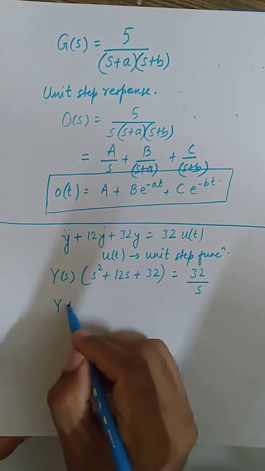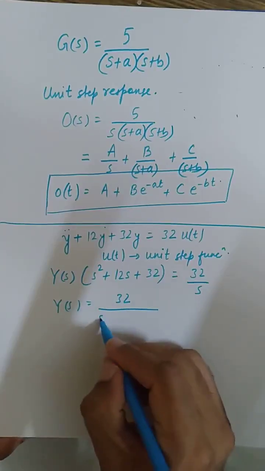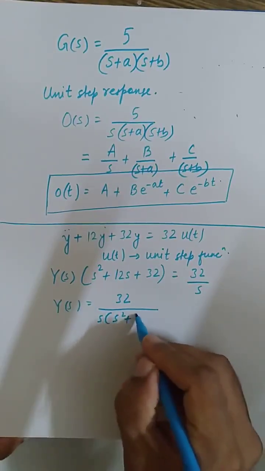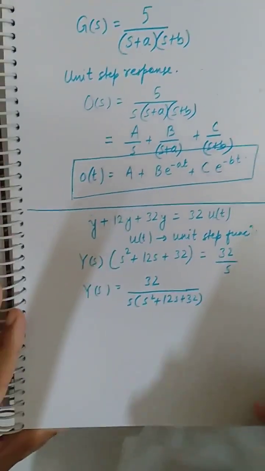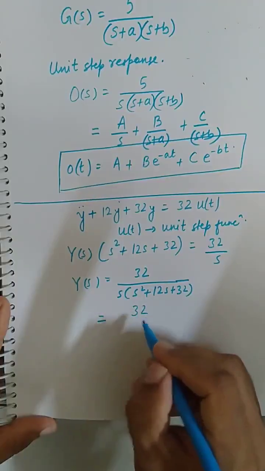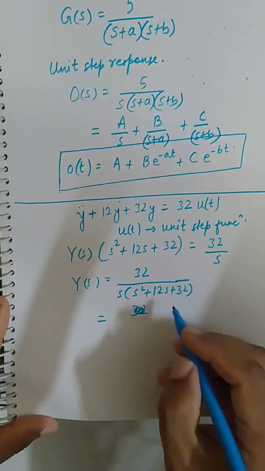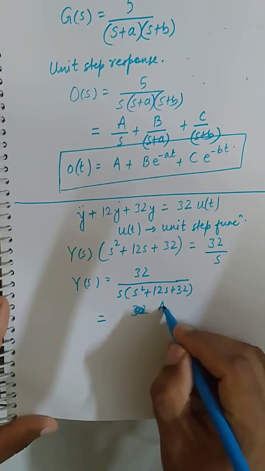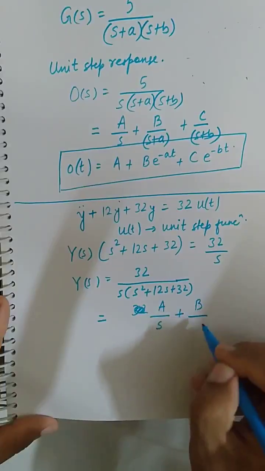So my Y(s) will be equal to 32 by s times (s square plus 12s plus 32), right? And this I can make partial fractions of.